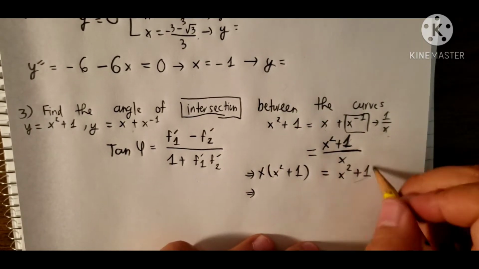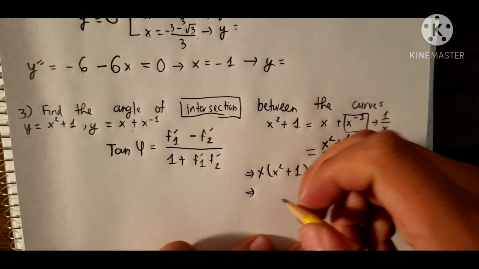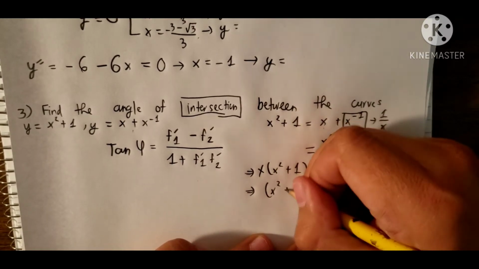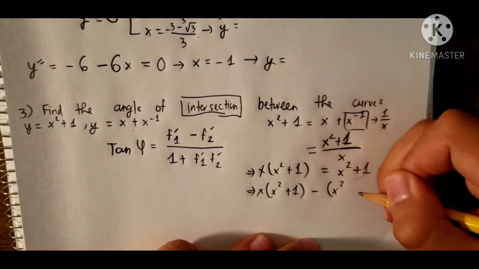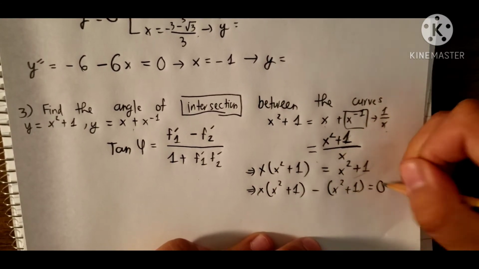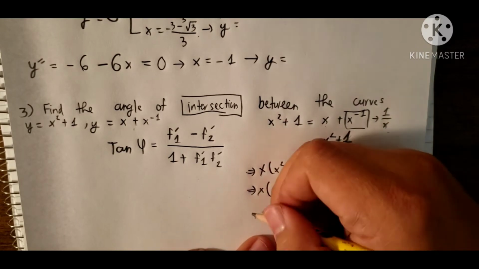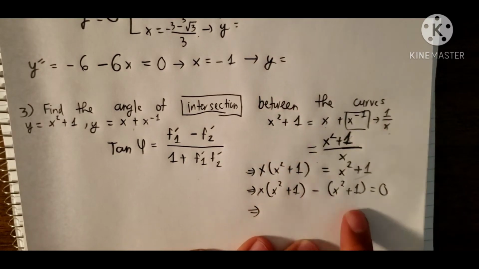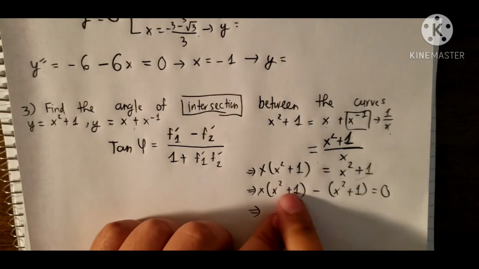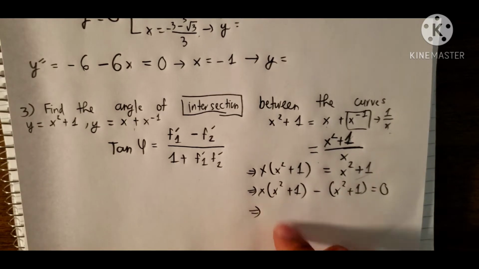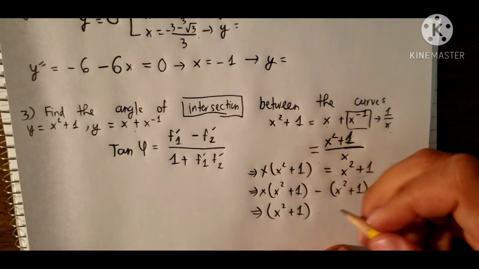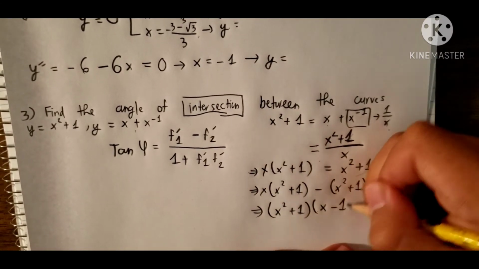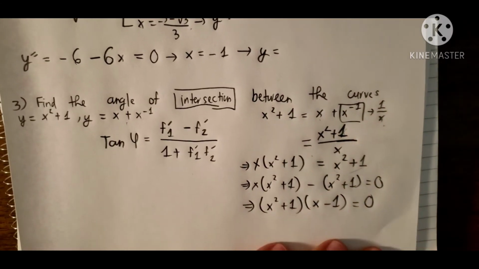Then you move all of them to the left, you get s^2 + 1 with s - 2(s^2 + 1) equal to 0. And then we have a common factor in here, and we have (s^2 + 1)(s - 1) equal to 0.